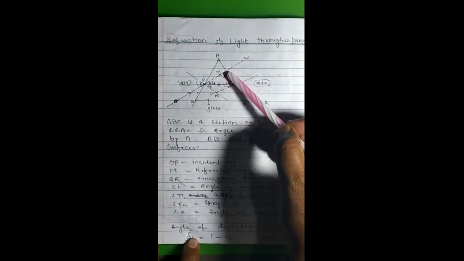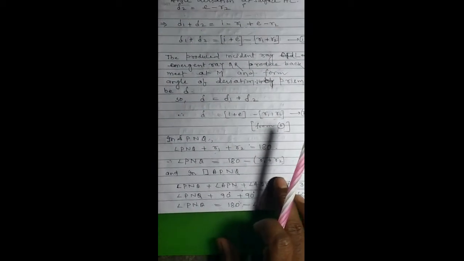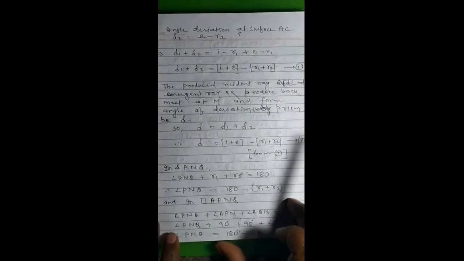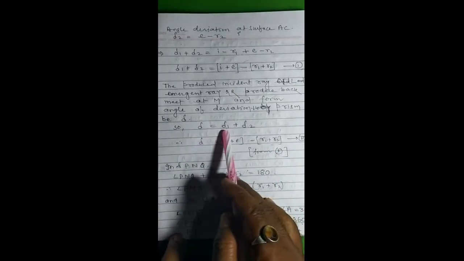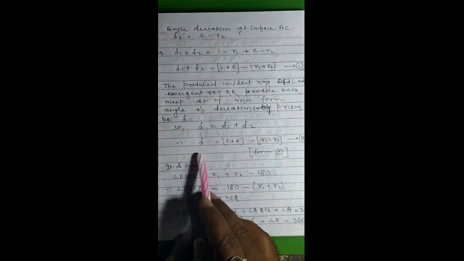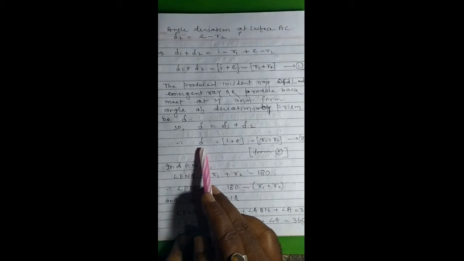So this del will be equal to del 1 plus del 2. Use the value of del 1 plus del 2 from equation 1. And this can be written as del is equal to I plus E minus R1 plus R2. This is equation number 2.